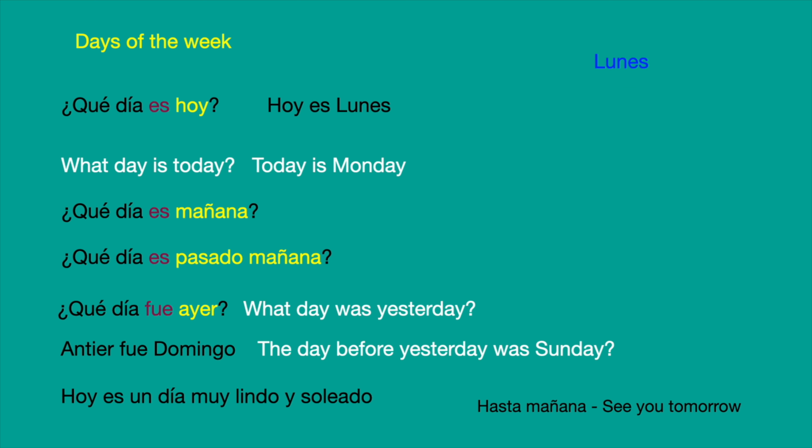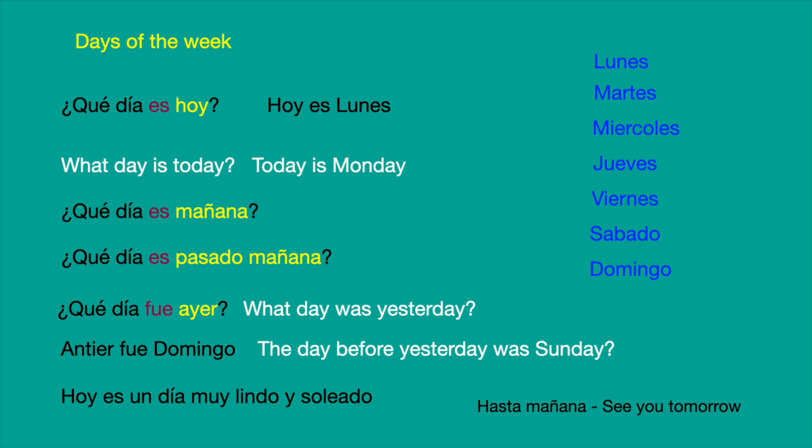So then we have Monday and Tuesday. That would be lunes, martes. Then for Wednesday we have miércoles. For Thursday we have jueves. For Friday we have viernes. And then for Saturday, sábado. And then for Sunday, domingo.